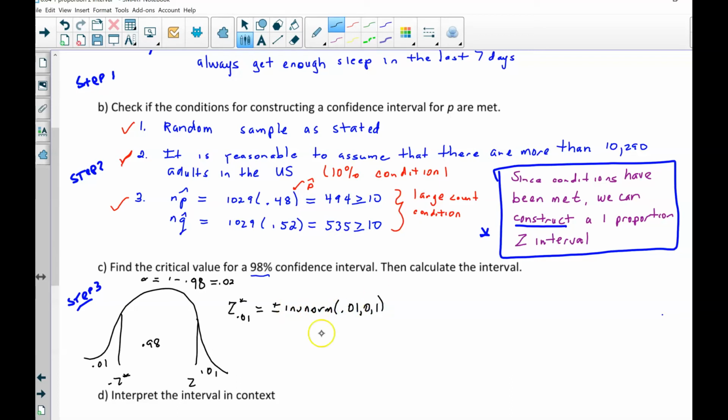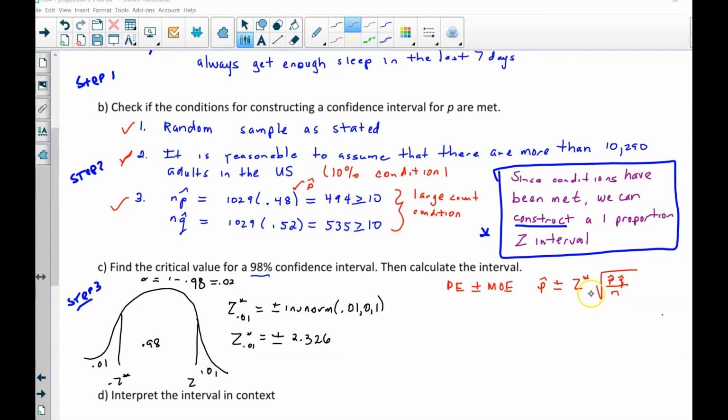So put the video on hold, and I'd actually like you to calculate it out. You should have attained plus or minus 2.326.